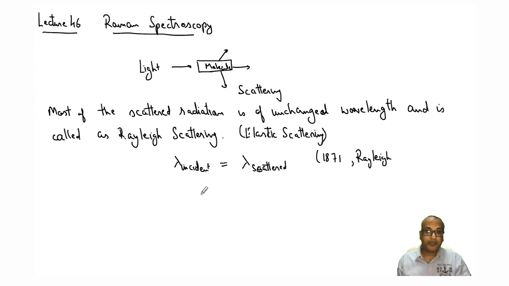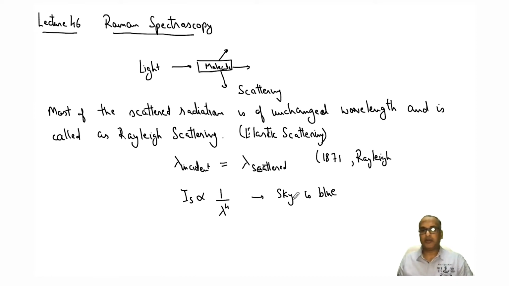And the intensity of scattered light is actually proportional to 1 by lambda to the power 4. And this is the reason why the sky appears blue, and the sun appears red during the morning and evenings.